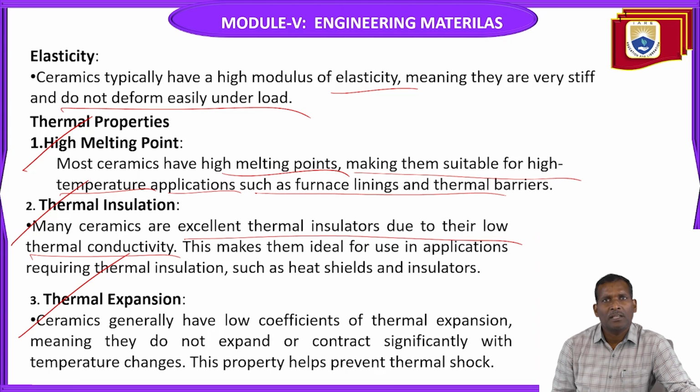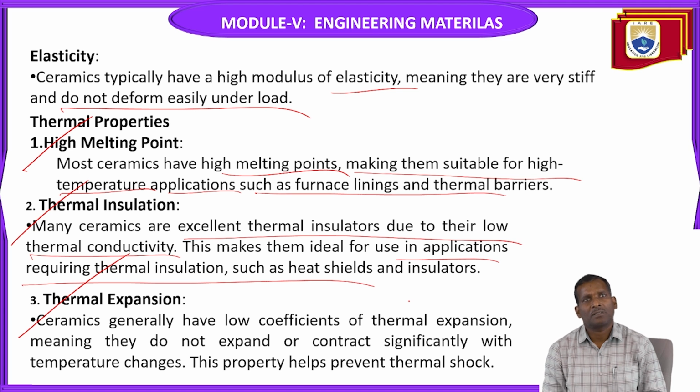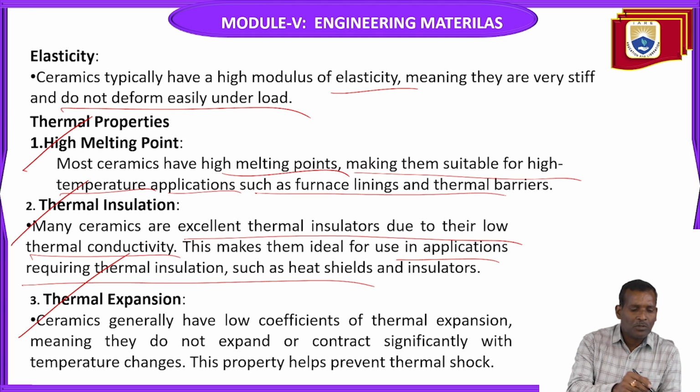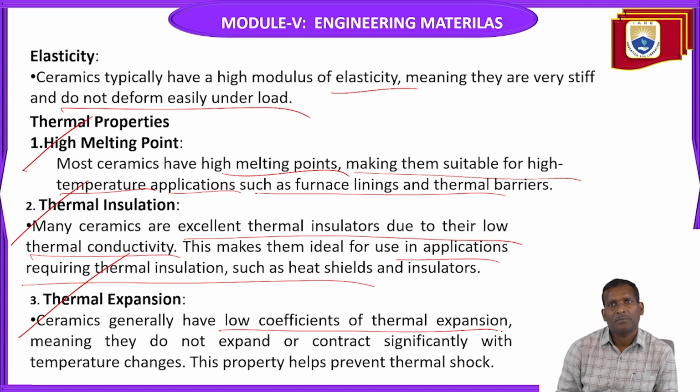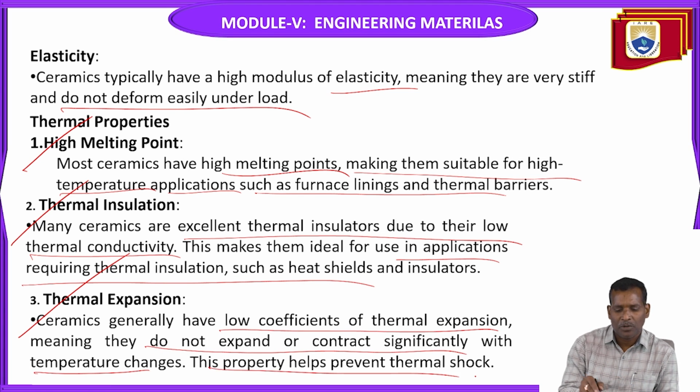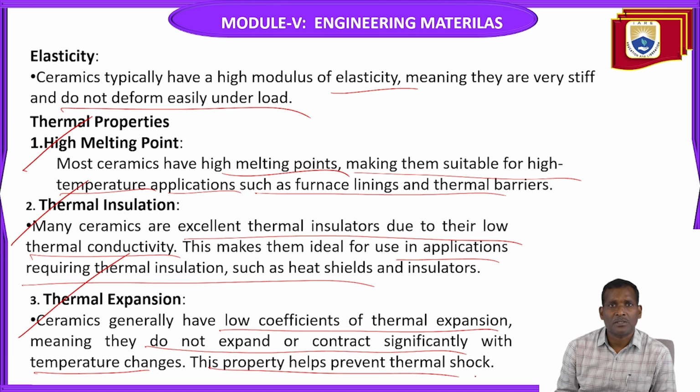This makes them ideal for applications requiring thermal insulation such as heat shields and insulators. And also the thermal expansion property. Ceramics generally have a low coefficient of thermal expansion, meaning they do not expand or contract significantly with temperature changes. This property helps prevent thermal shock.